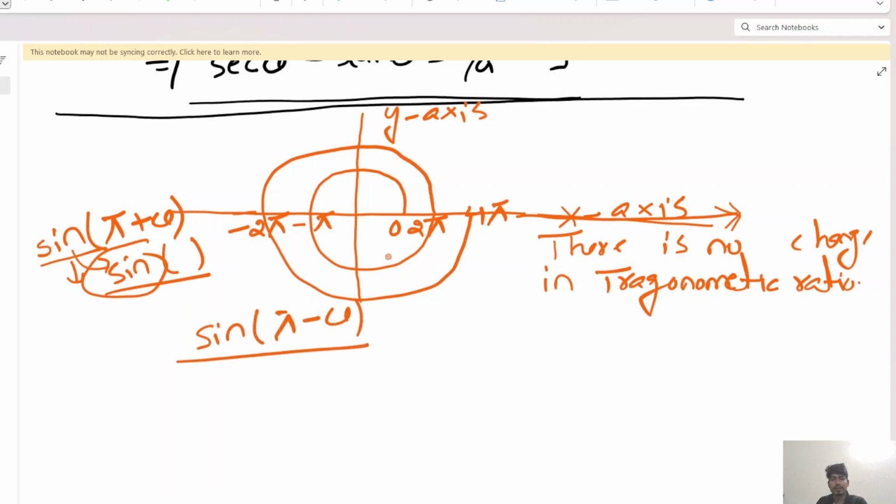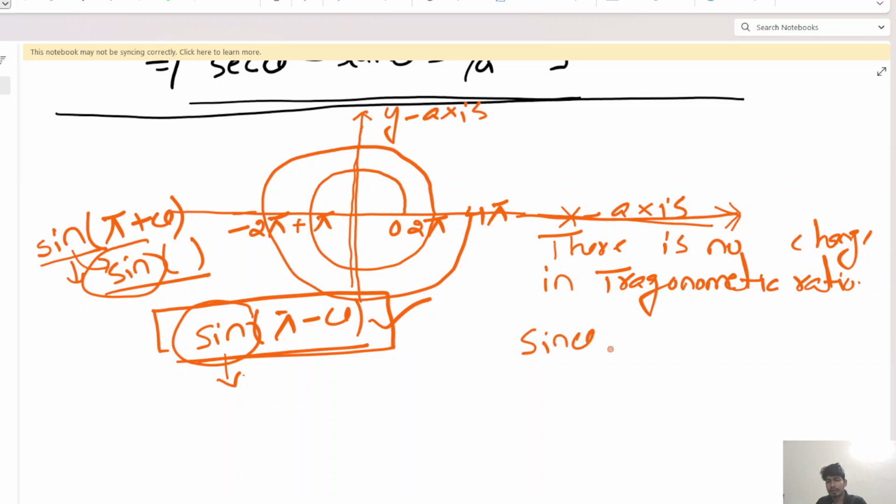So it remains the same on the x-axis, and when we talk about the y-axis, then sine changes to cos, cos changes to sine.